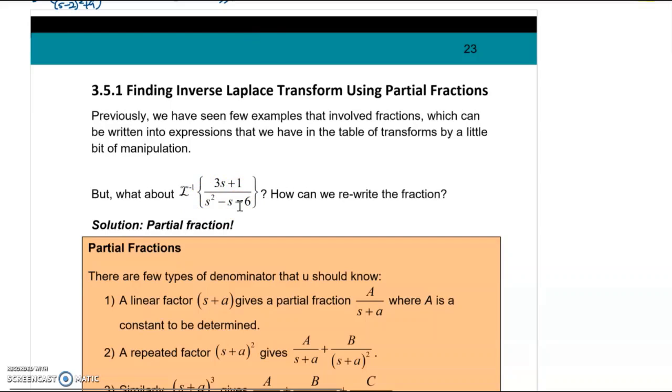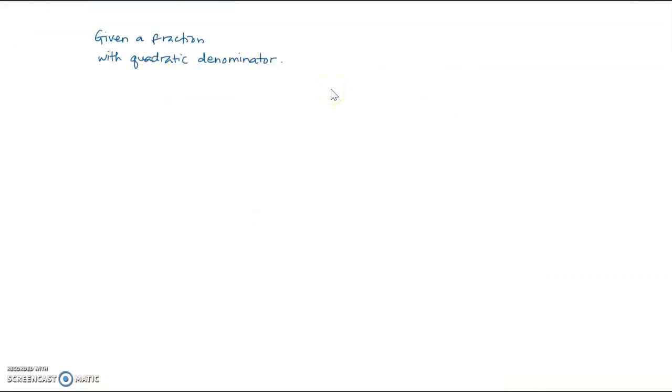So I'm going to put it like this. You are given a fraction with a quadratic denominator. You need to check the denominator and see whether the denominator can be factorized into bracket times bracket.